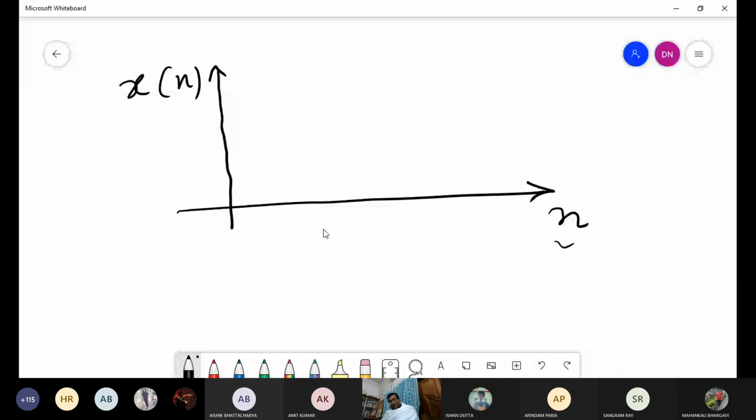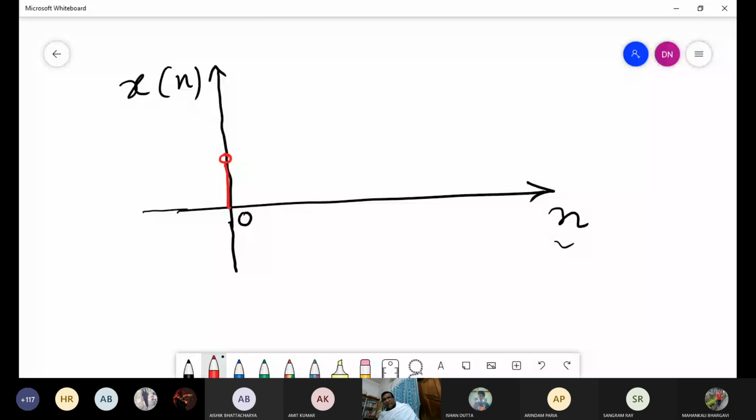Why am I writing n? Actually, n is an integer, and the intersection between the two axes is your origin. Now, discrete time signals will be like this. At each and every instant, the signal is not defined, but the signal is defined for some discrete points.